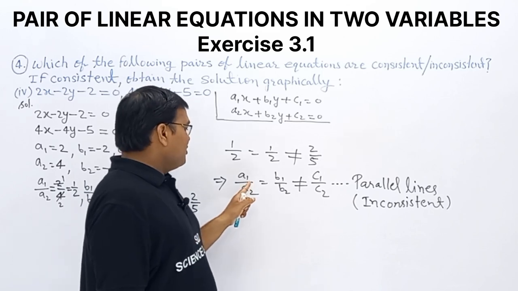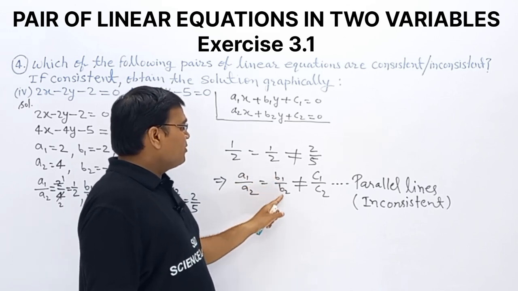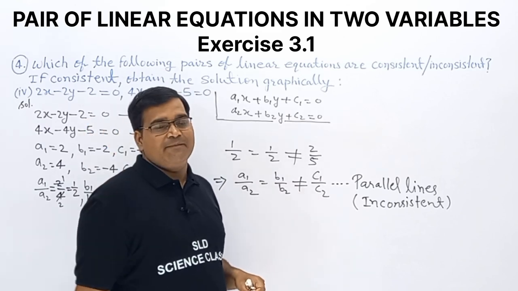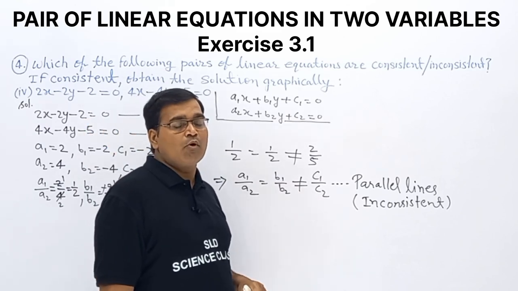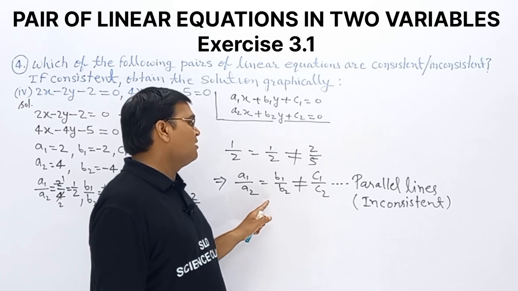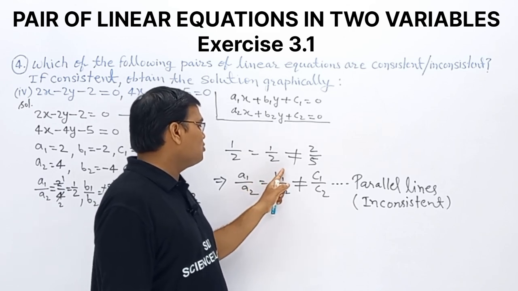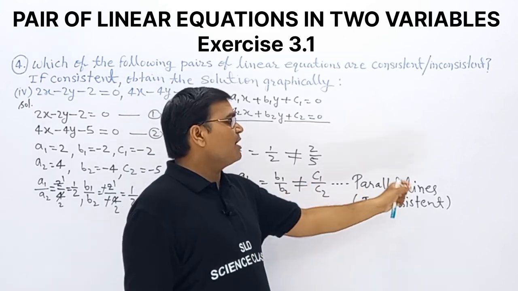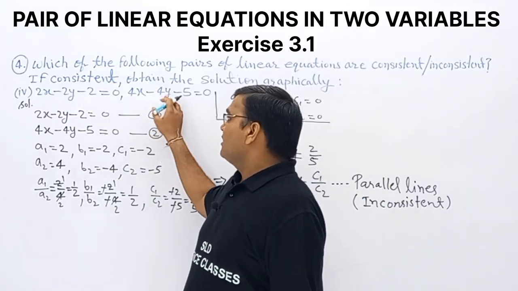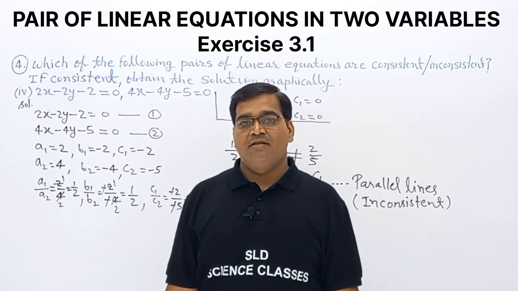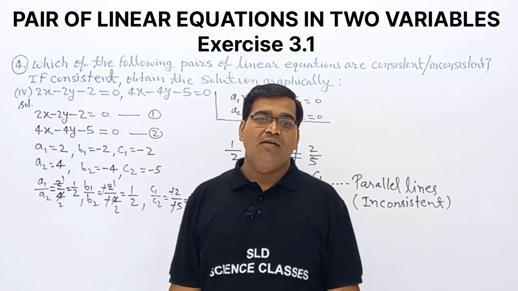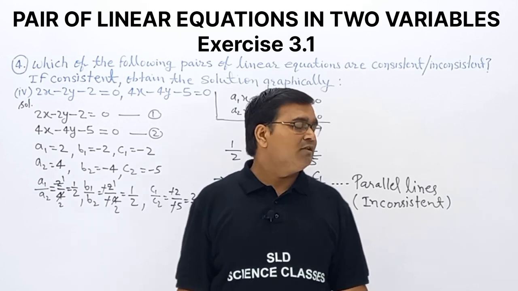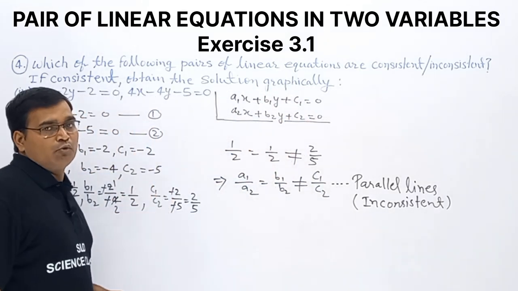If a1 upon a2 equal to b1 upon b2 equal to c1 upon c2, we get coincident lines, and that system is also consistent. But if a1 upon a2 equals b1 upon b2 but not c1 upon c2, we get parallel lines that never intersect each other, so we cannot find a solution. These equations have no solution.